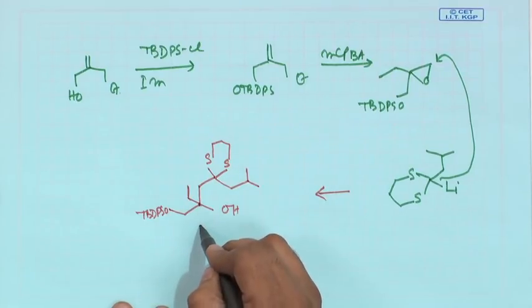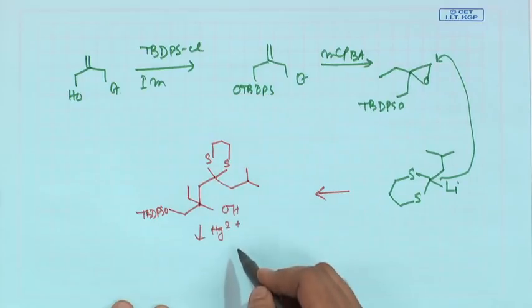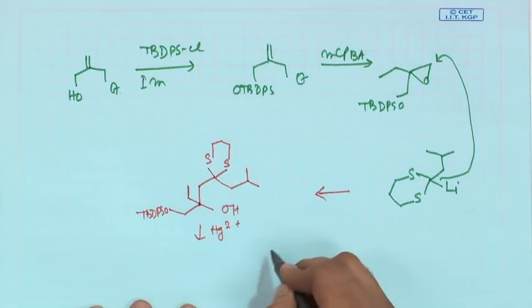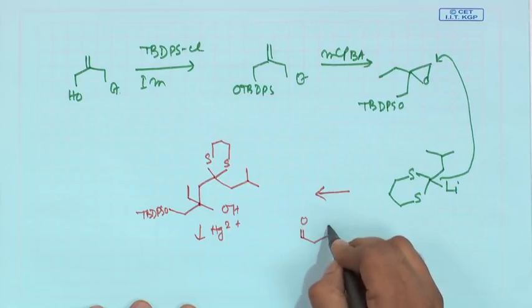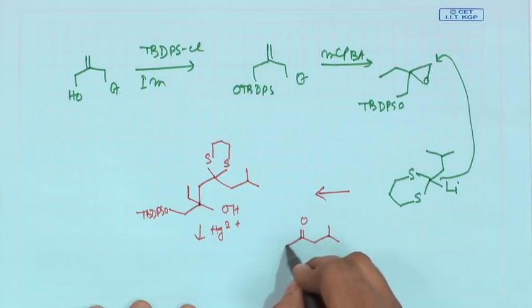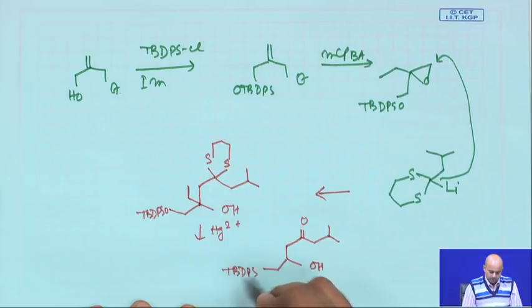So, now you just need to demask this protecting group by Hg2 plus, and then you basically can access your product very efficiently. So, your TBDPSO and your ethyl group.